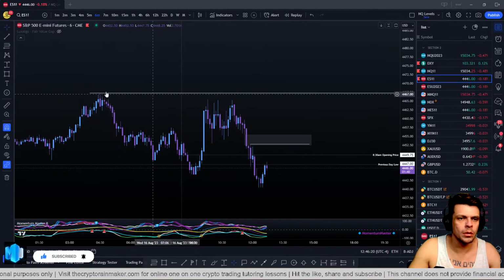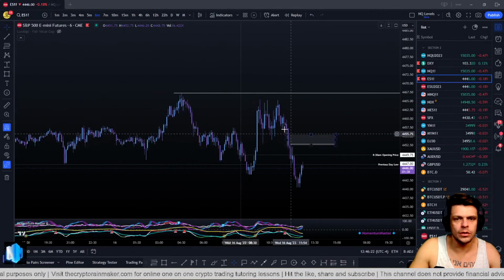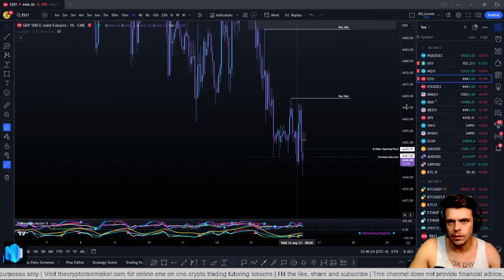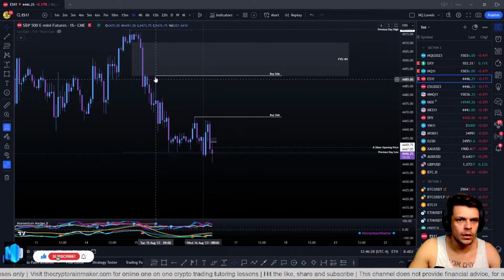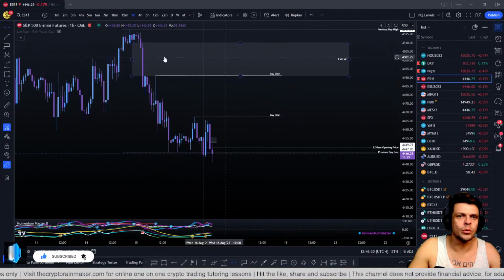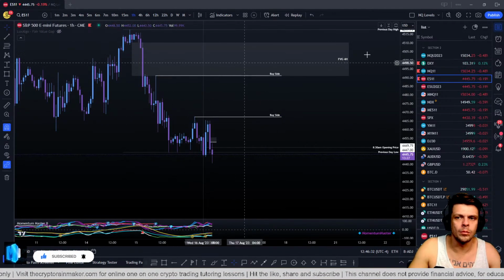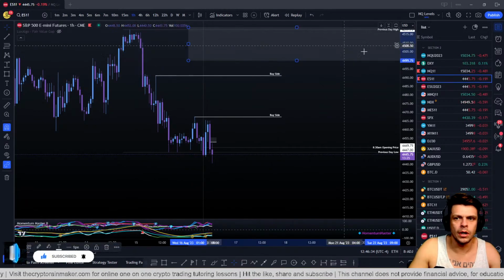So we know there's going to be stop losses in this area. And then, like we said, we also have a high on the 1-hour right there and right there, as well as the 4-hour imbalance, which is right in this area.